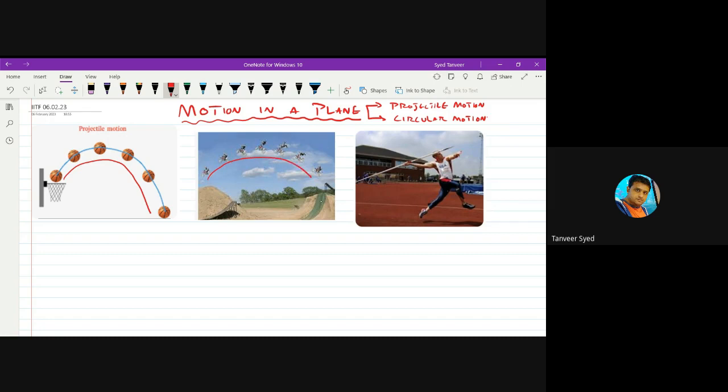And if you throw a javelin or a shot put, or if you kick a football, its path will be like this.